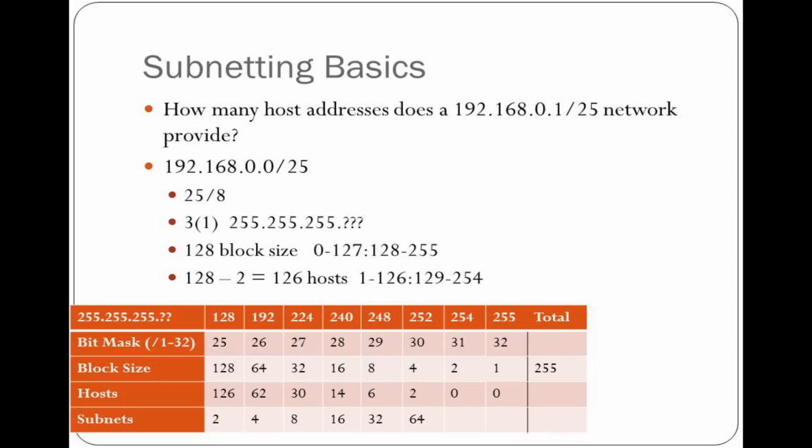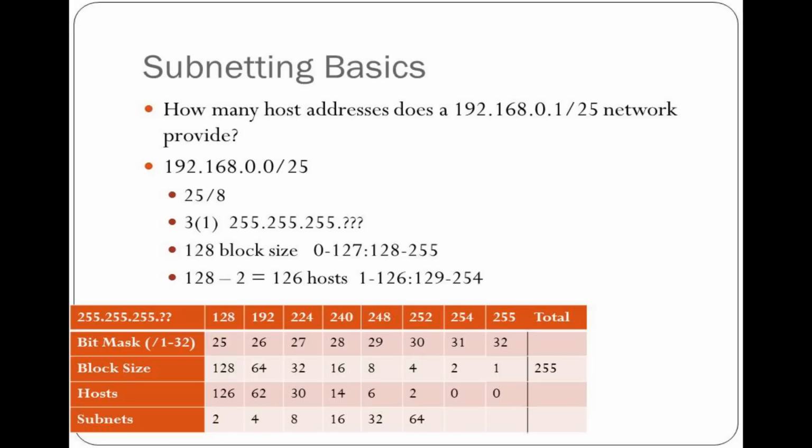We now take the 1 bit remaining and we find the first bit's corresponding value in the chart to find out the block size. The block size is 128, meaning 2 subnets with ranges of IP addresses from 0 to 127 and from 128 to 255.